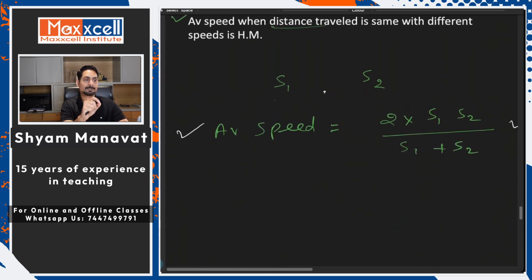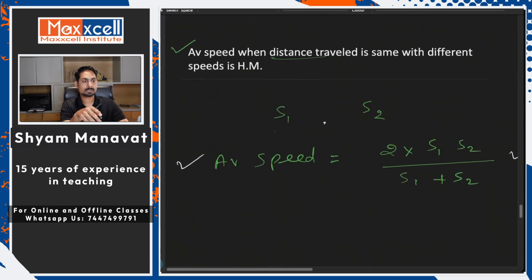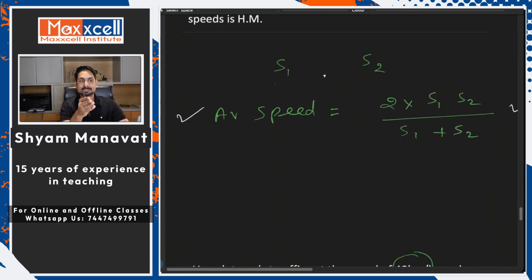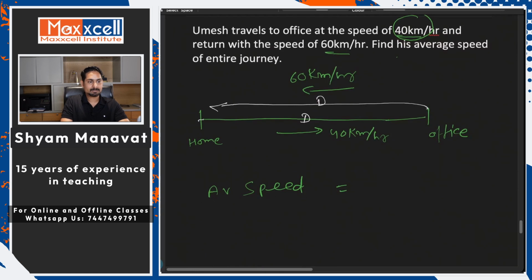Apply harmonic mean. Number of values by sum of values. For two numbers, 2 into S1 S2 divided by S1 plus S2. So average speed here will be 2 into 40 into 60 by 40 plus 60.